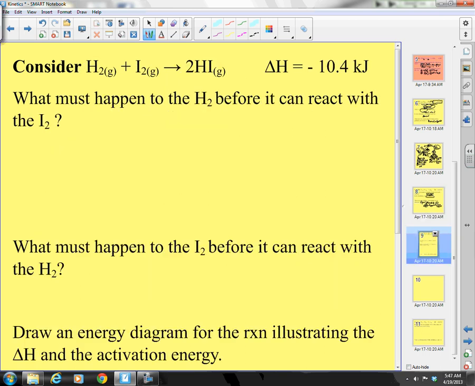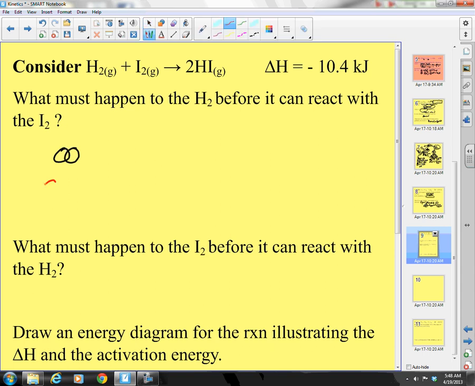What must happen to H2 before it can react with the I2? Okay, let's analyze this. I've got H2 plus I2, and it's going to yield 2HI. So let's think of this. Over here, I'm going to have a hydrogen, and that hydrogen is overlapping another hydrogen, right? So those are my two hydrogens.